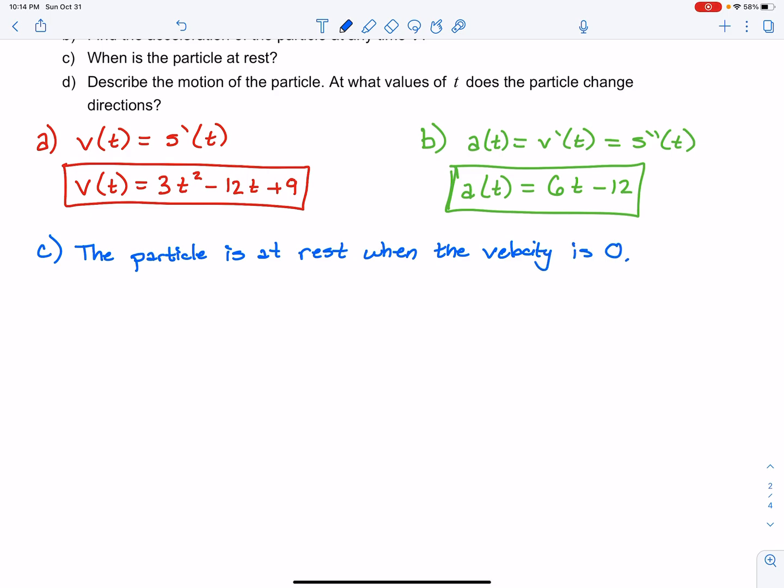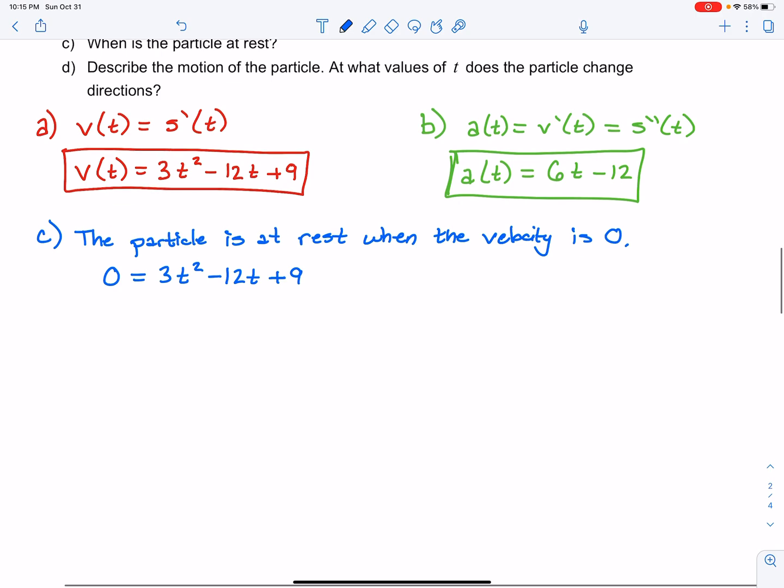So if we take our velocity function and set it equal to 0, then we have 0 equals 3t squared minus 12t plus 9. And that gives us an equation to solve for t.